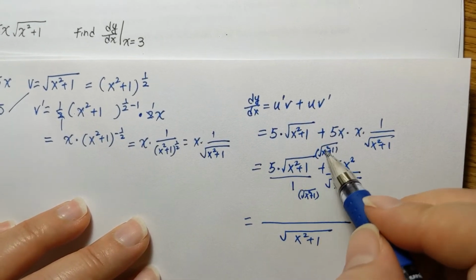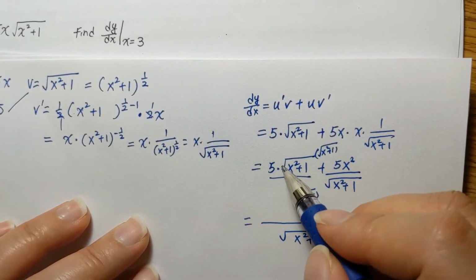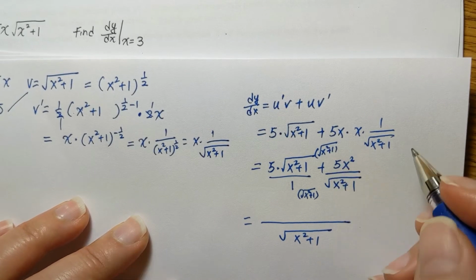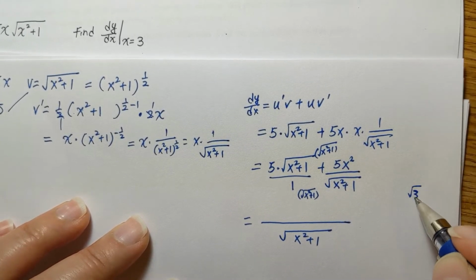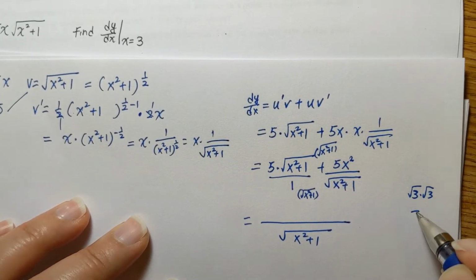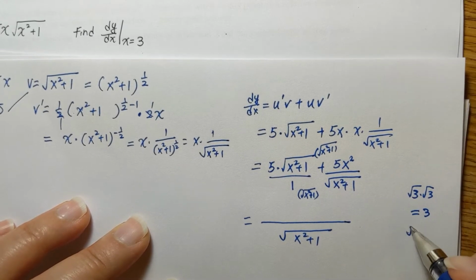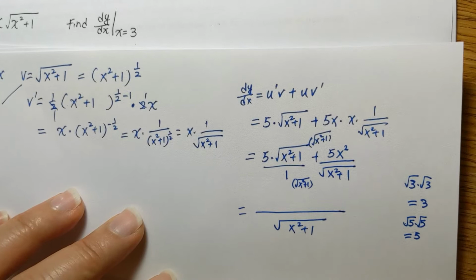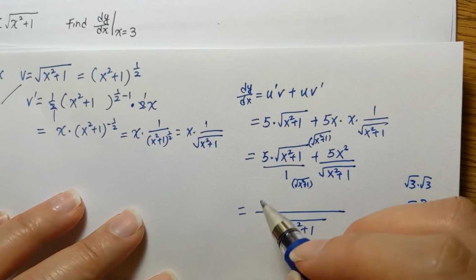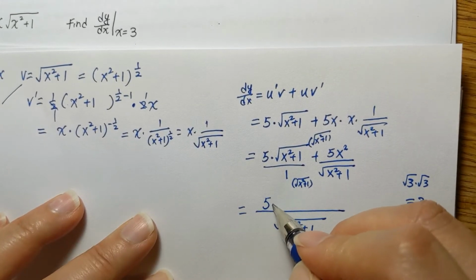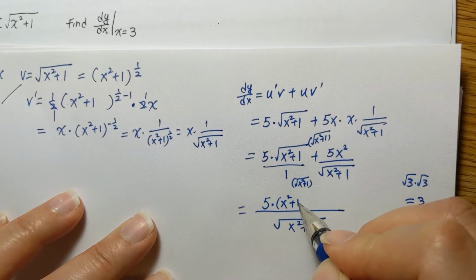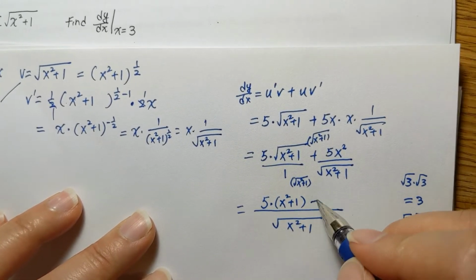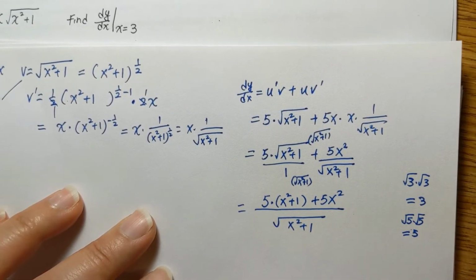Here, these two multiply together and the square root cancels out, just like the square root of 3 times the square root of 3 equals 3, and the square root of 5 times the square root of 5 equals 5. So now we get 5 times this, and then plus 5x squared.